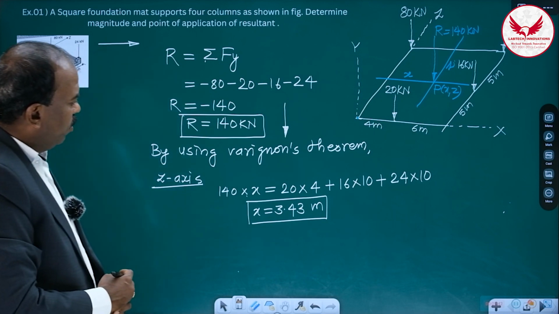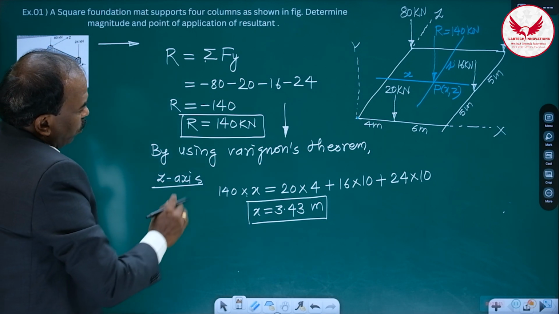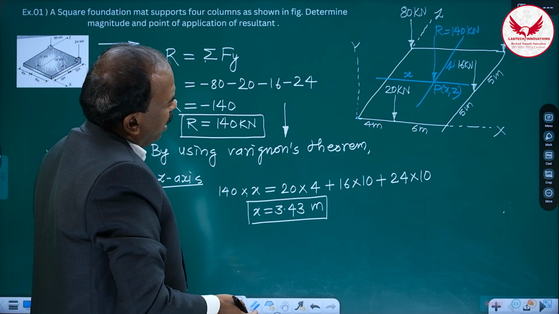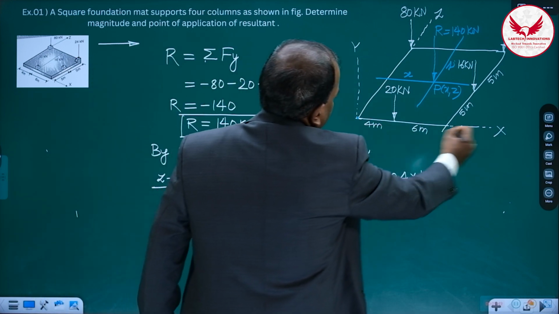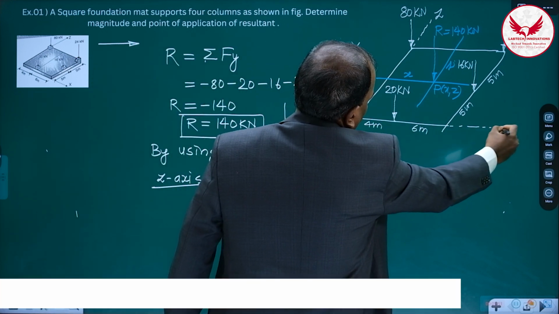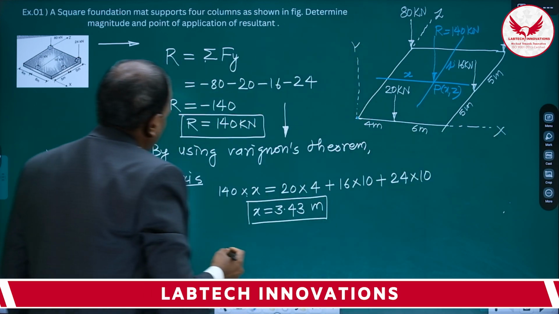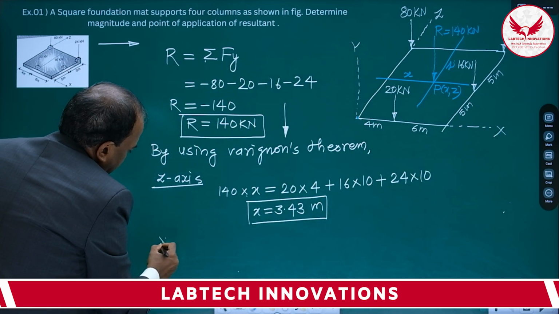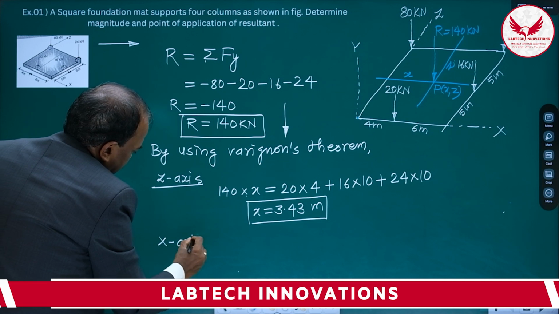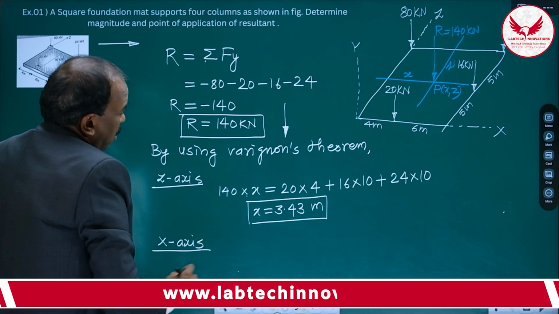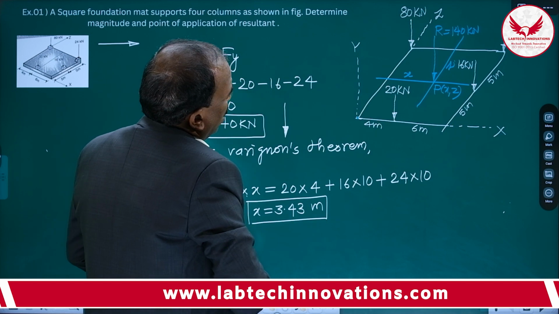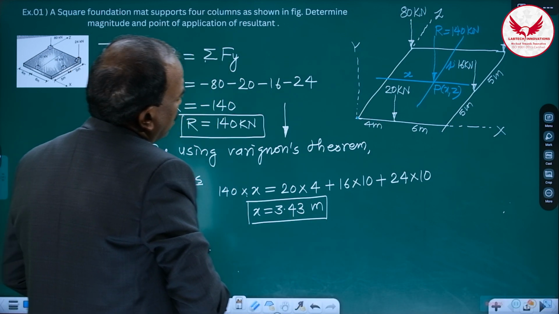And for getting the y coordinate, what do we have to do? We have to use the same Varignon's theorem about this x-axis. Means if we are looking from this, this is shown as the x-axis. Then about the x-axis, I am writing simply x-axis, and see the moment of resultant about the x-axis.